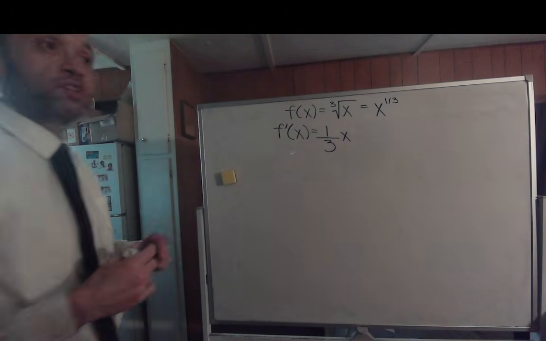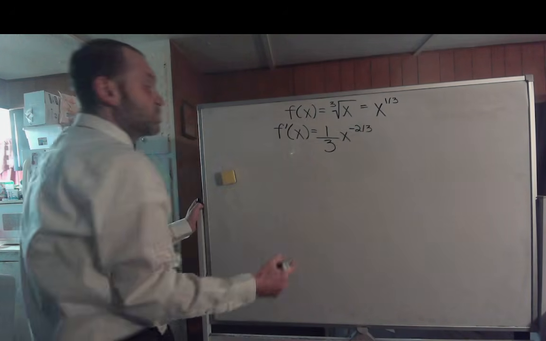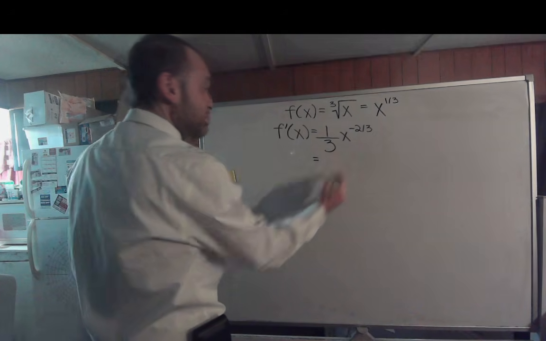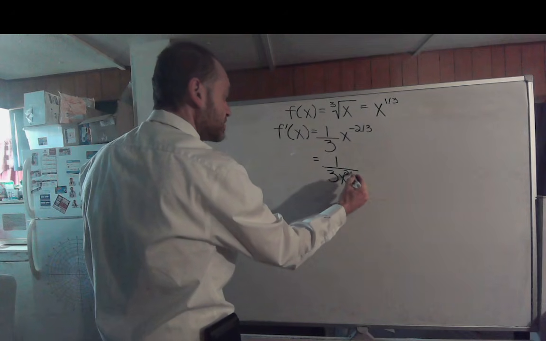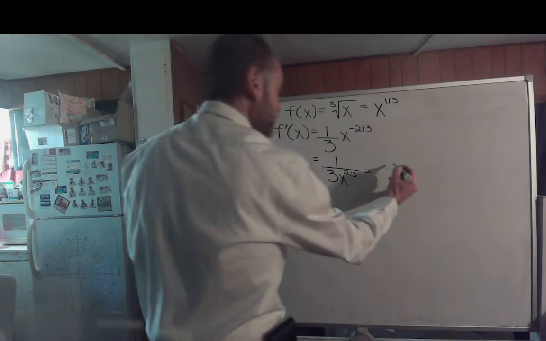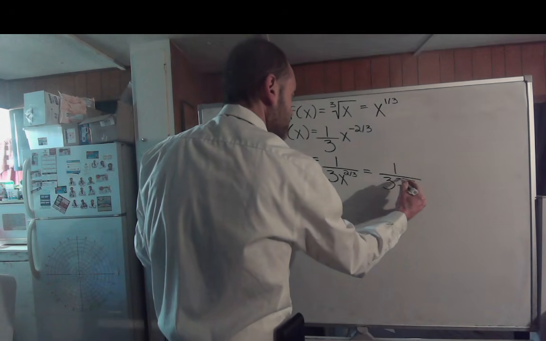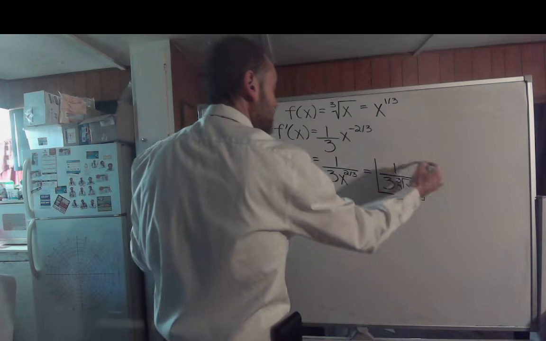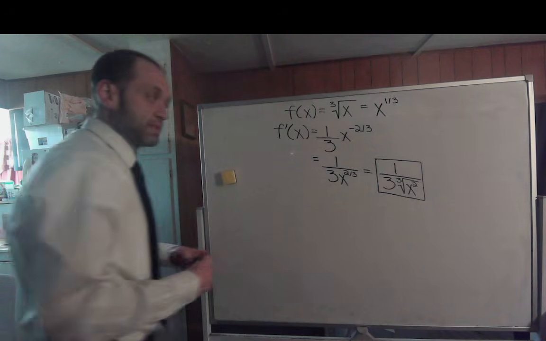Well, 1/3 minus 1 is -2/3, which sometimes you can leave your answer like this. Sometimes, though, it may be helpful to write it as 1/3 times x to the 2/3. Or for one more step, you could put this back into radical form. You would end up getting 1/3 times the cube root of x squared. So 1/3 times the cube root of x squared would be your derivative of the cube root of x.